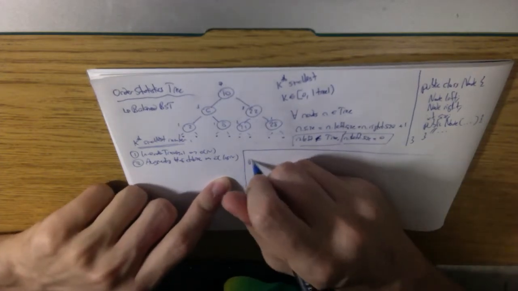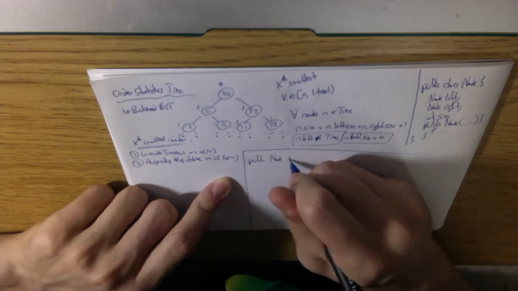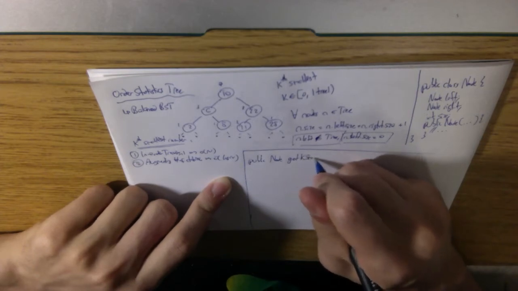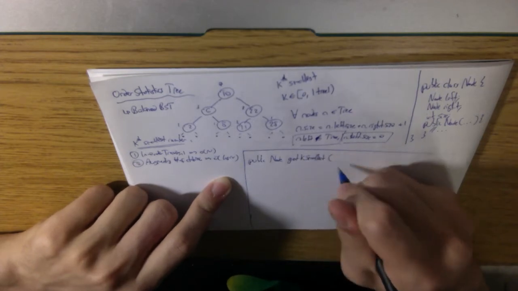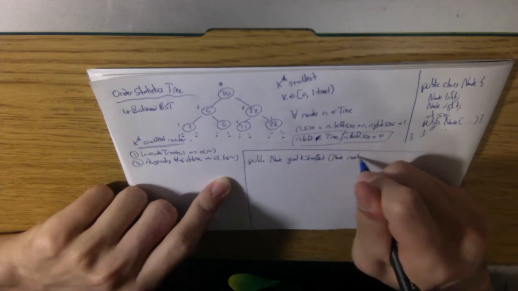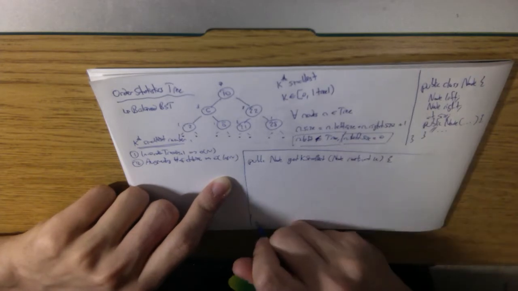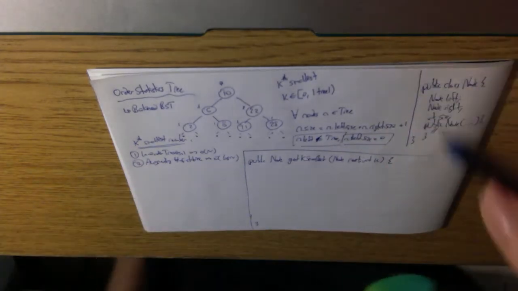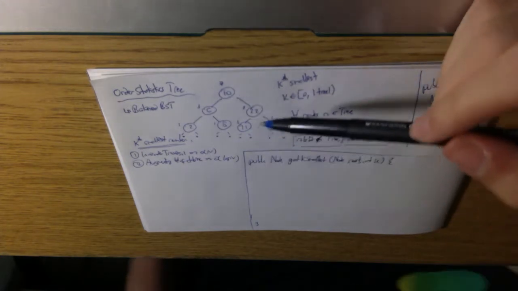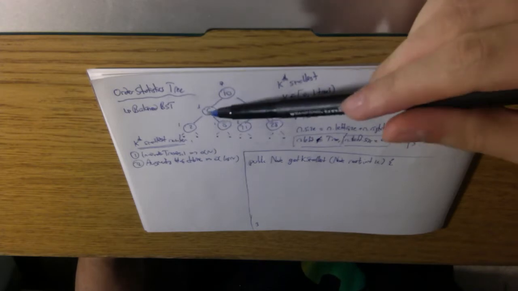We're going to do a public node getKthSmallest. We have our root parameter, and we also have k. Basically what we're going to do is start off at this node and look at the leftmost node just by convention.